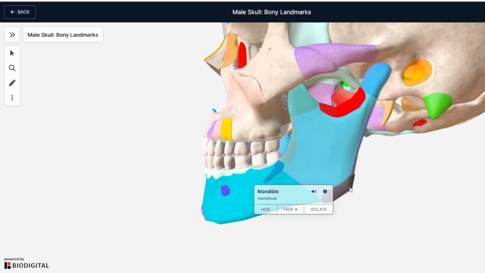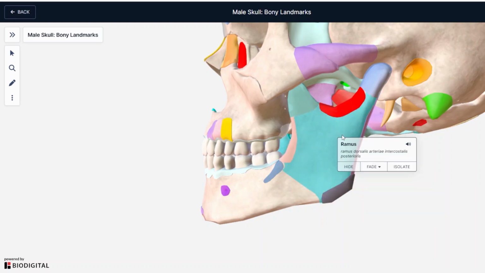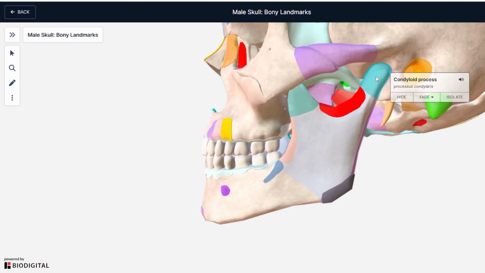Body, angle, ramus, posterior border of the ramus, and at the very top part, most laterally, most posteriorly. So the most posterior region of the mandible from the ramus is the condyloid process, also known as the condylar process. Different books, different names.